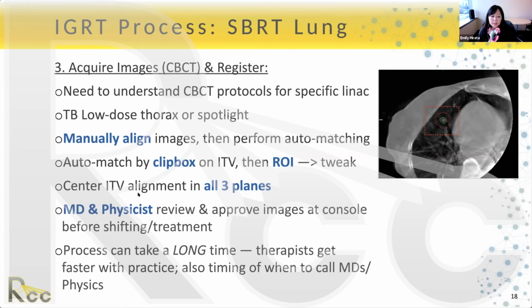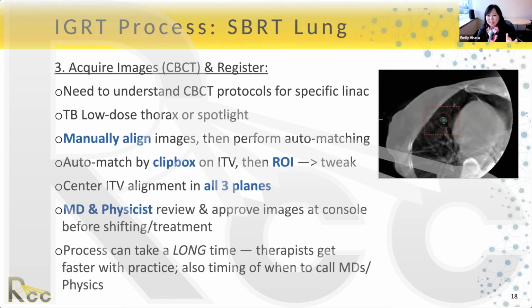It's important, you want to center the ITV alignment in all three planes. And by three planes, I mean, this is an axial plane. You're also at the console going to see the sagittal and coronal. It's really easy to just look at the axial, scroll through and think it looks good.